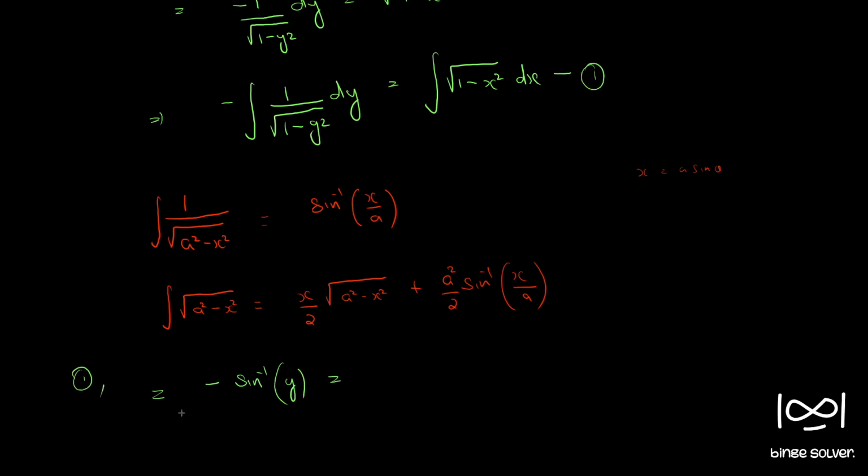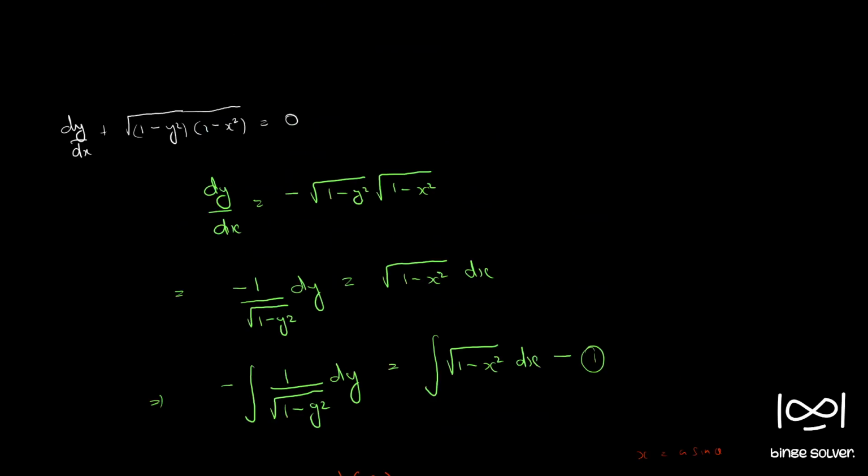So equation 1 becomes minus sine inverse y is equal to x by 2 root of 1 minus x square plus a square by 2, which is just 1 by 2 sine inverse x. So this is the solution to the given question.